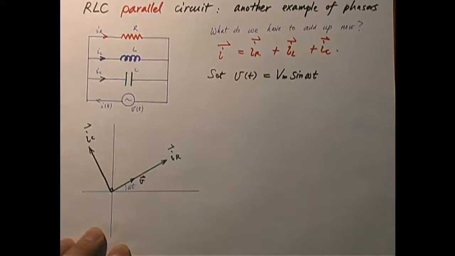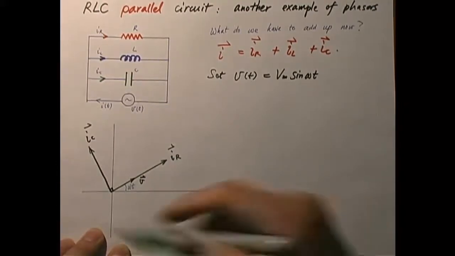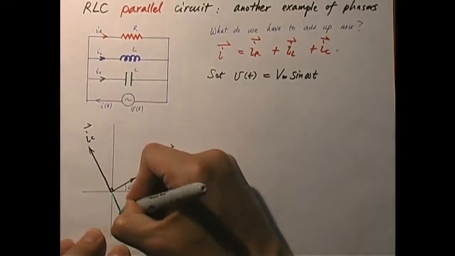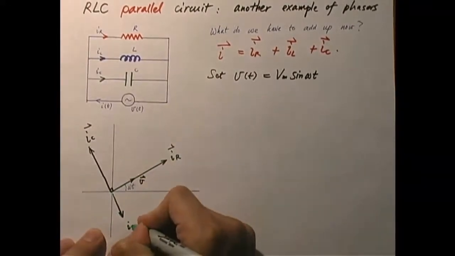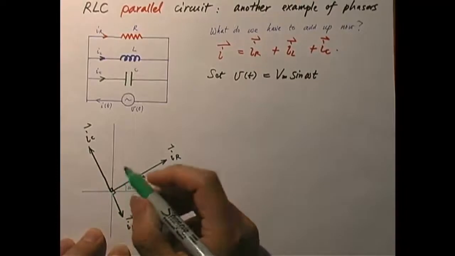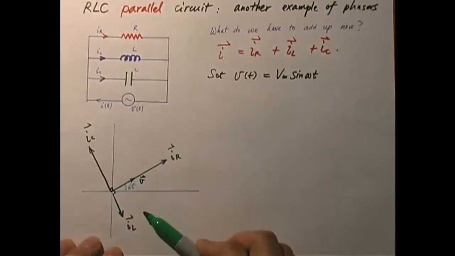I'm trying to use a different color, but running out of colors, so let me just use a green color for IL. So you see again, IC and IL are opposite to each other, just like VC and VL were opposite to each other.